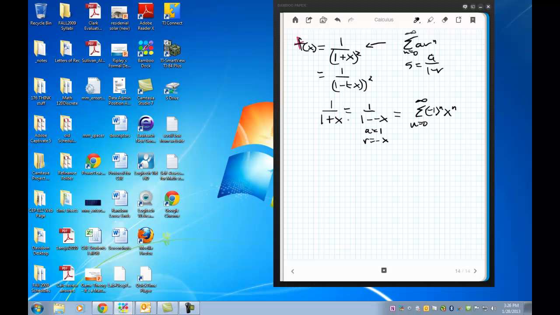Now students always ask me, well, Ripley, isn't this just this guy squared? So why can't we take this and square it? Well, there's a massive problem.